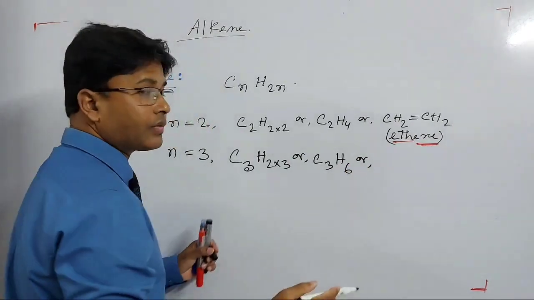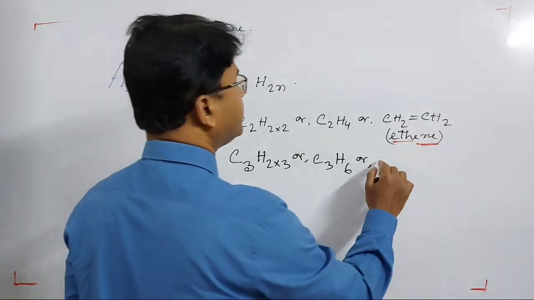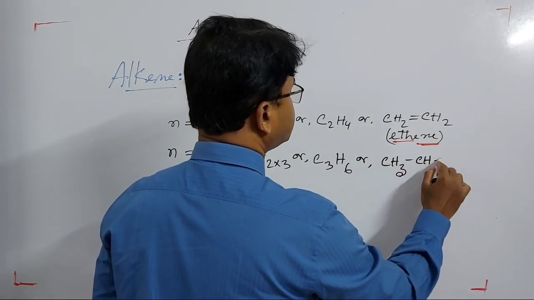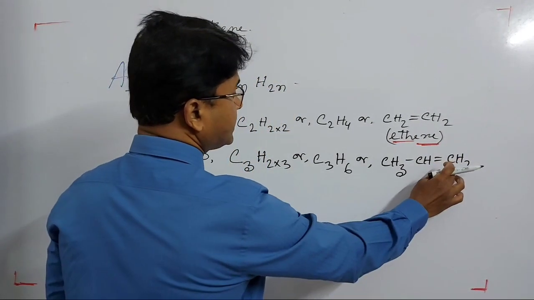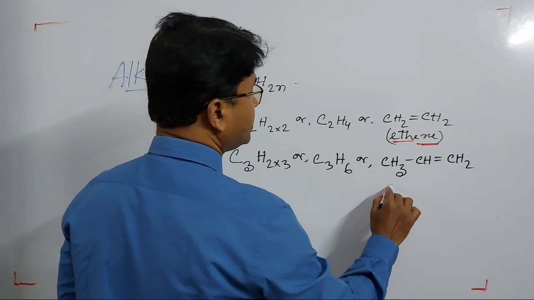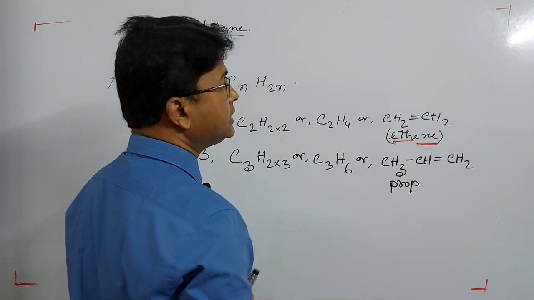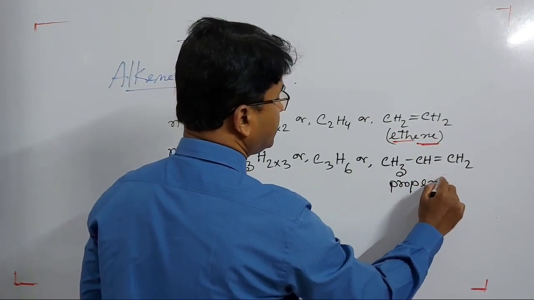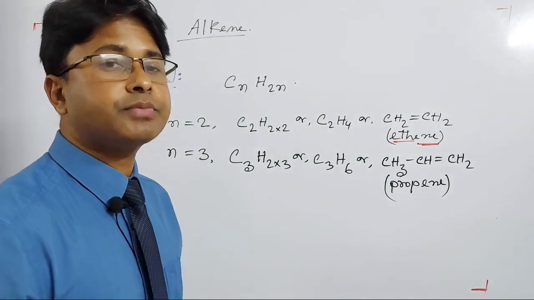If I write the structural formula of this compound, it will be CH3 bond CH double bond CH2. As there are 3 carbon atoms, it will be prop, and due to the carbon-carbon double bond, it will be ene. So the resulting compound is propene.